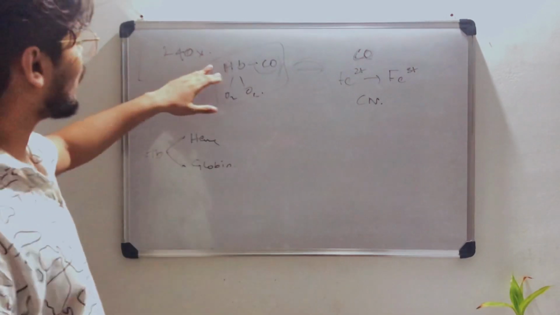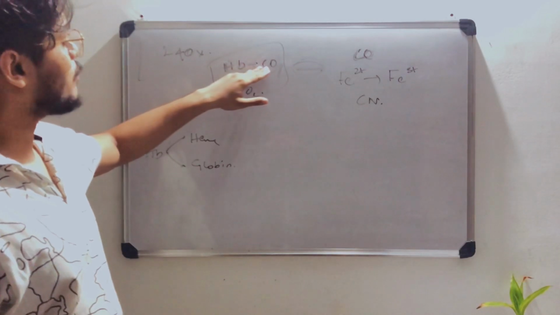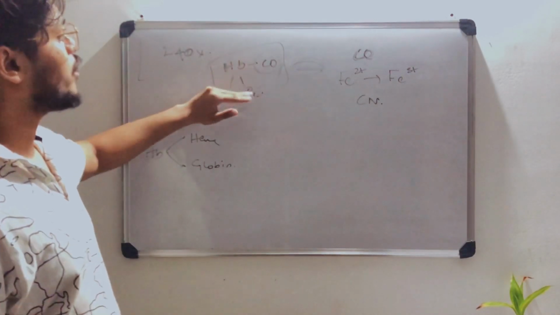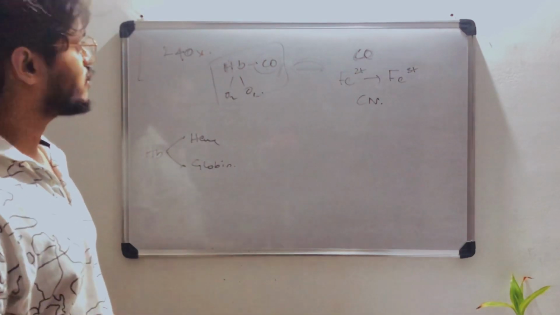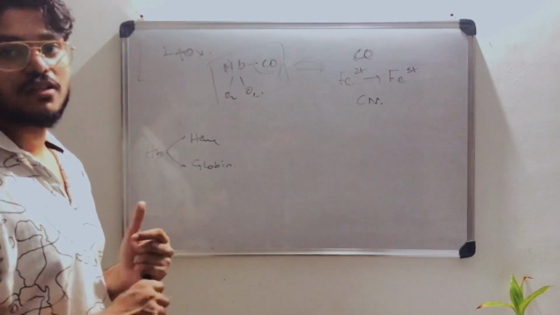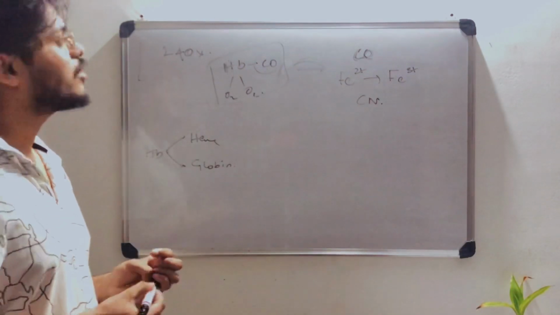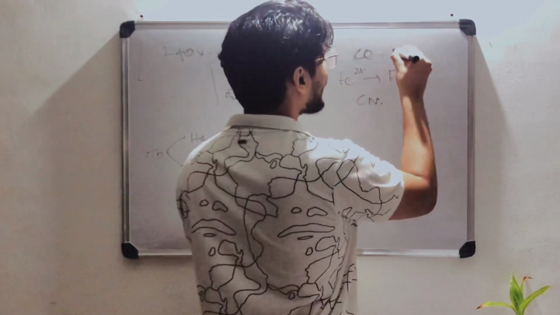Anyway, carbon monoxide provides competition towards oxygen and also does not allow oxygen release, right? So hemoglobin is there, but that hemoglobin becomes useless. So therefore there is a functional anemia. Understood? So carbon monoxide poisoning causes functional anemia.